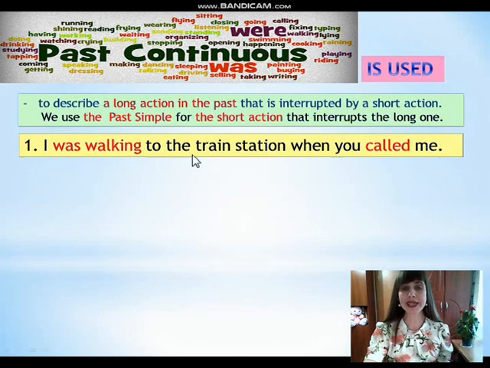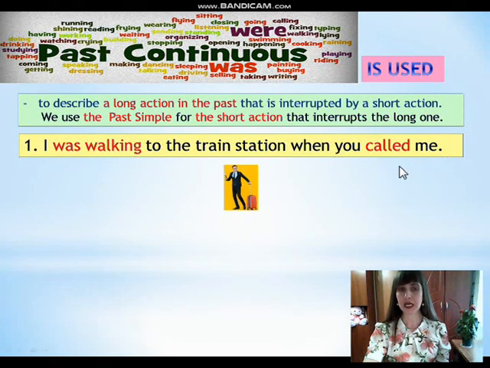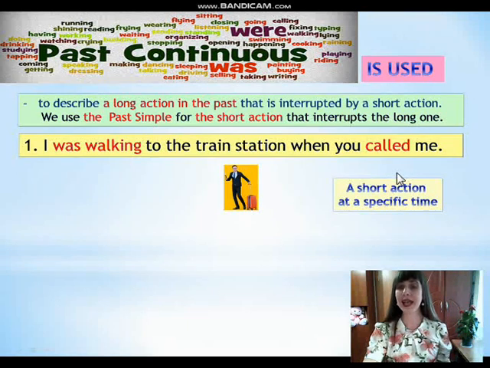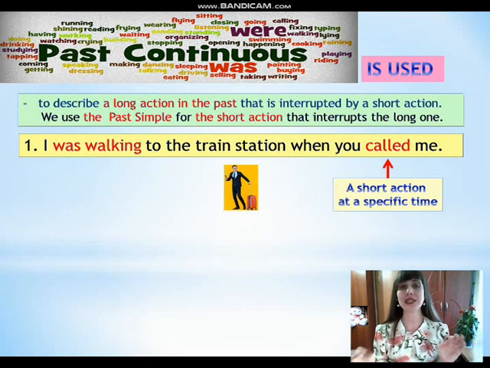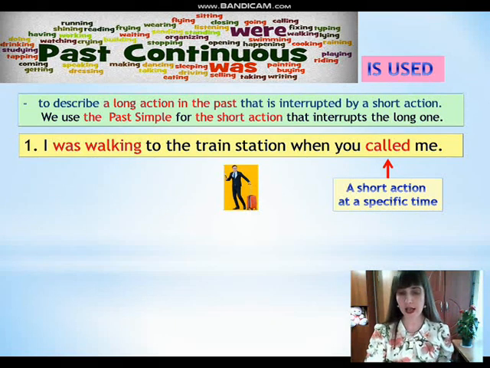I was walking to the train station when you called me. This is the short action at a specific time. The short action, when you called me. A short action at a specific time.